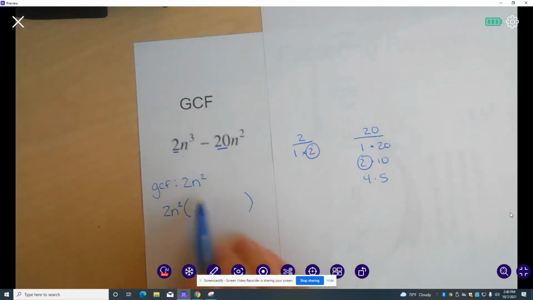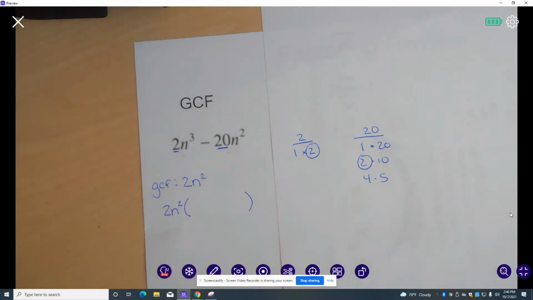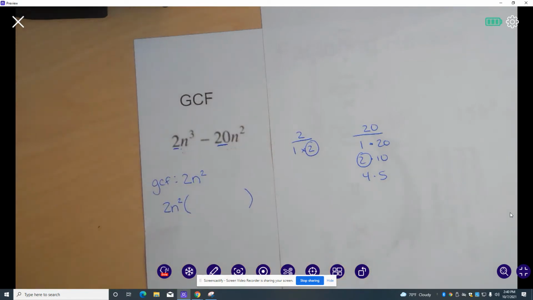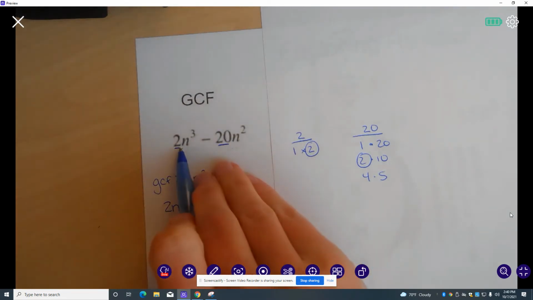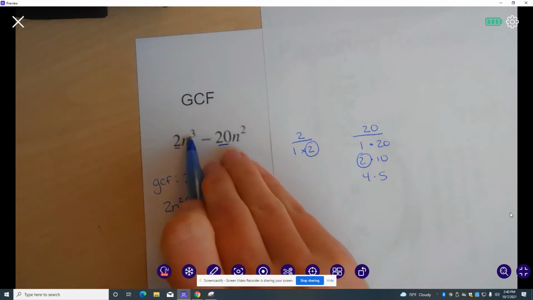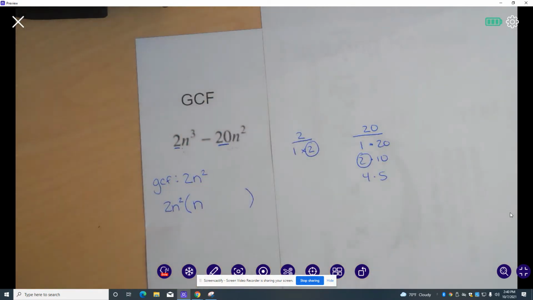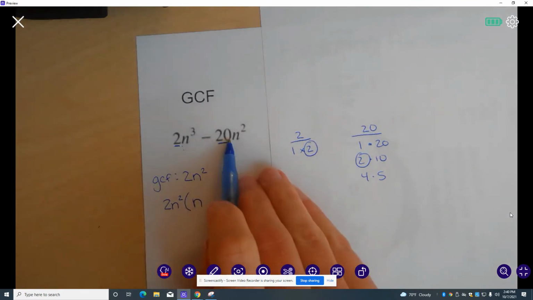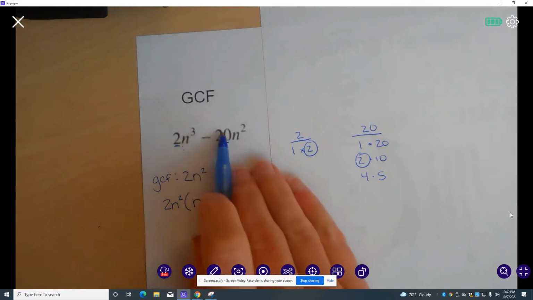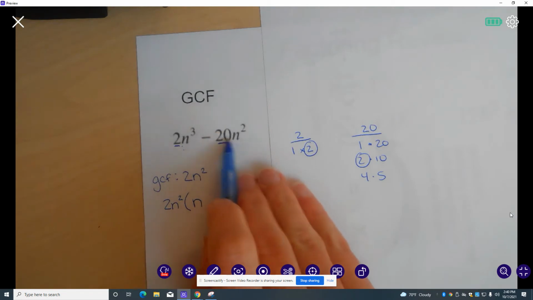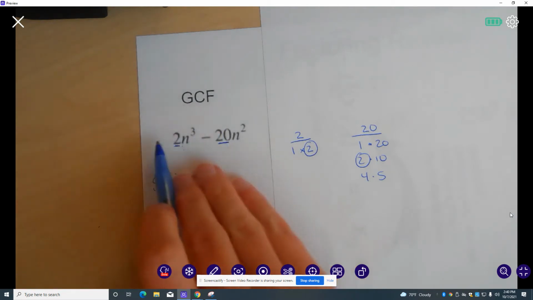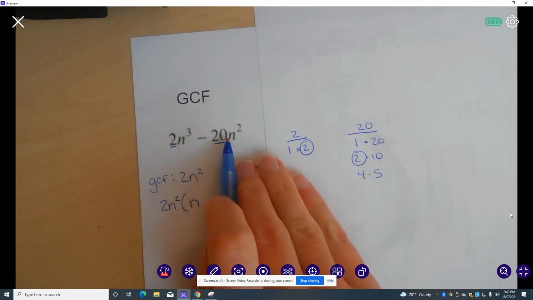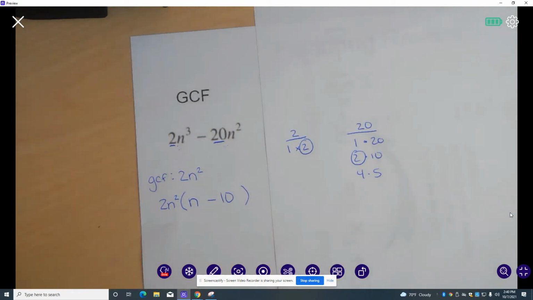And then what's left over is going to be left inside parentheses here. So if I divide out 2n squared from 2n cubed, well, 2 divided by 2 is 1. I'm left with 1n. If I factor out a 2n squared from negative 20n squared, well, negative 20 divided by 2 leaves me with negative 10. And if I take out an n squared, I'm not left with any more n's.